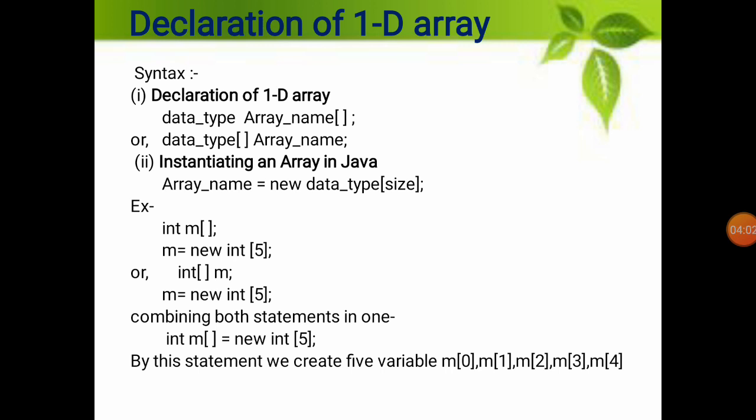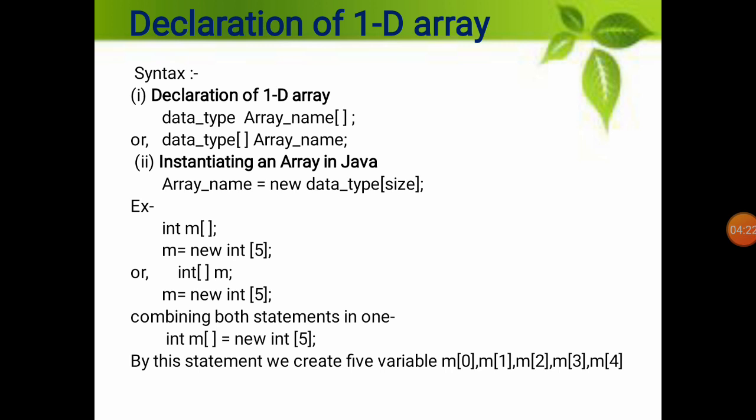Or there's another way: data type, then square brackets, then array name. In the second step, we create the array with the new operator: first we write the array name, then new, then data type and then size. It defines the size of the array.